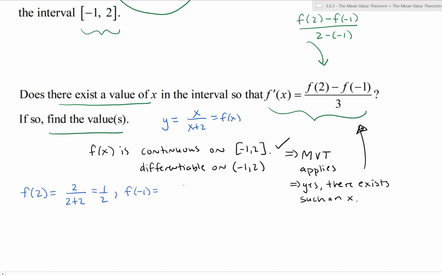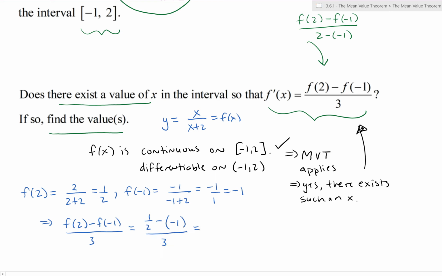f of negative 1 is going to be negative 1 over negative 1 plus 2, which is negative 1 over 1, which is negative 1. And therefore, the average rate of change of this function over the interval from negative 1 to 2, which is f of 2 minus f of negative 1 divided by 3, is going to be: f of 2 is a half, minus f of negative 1, which is negative 1, all over 3.